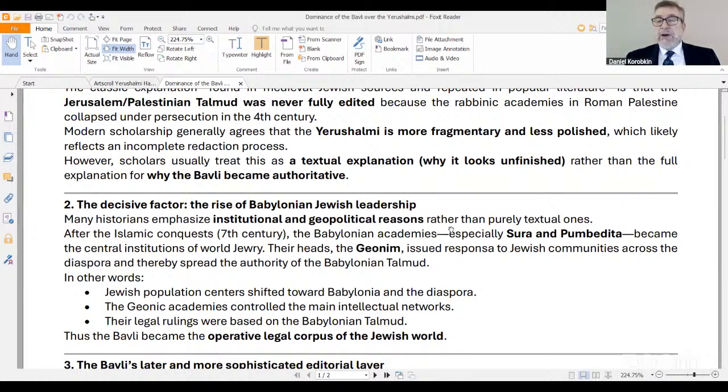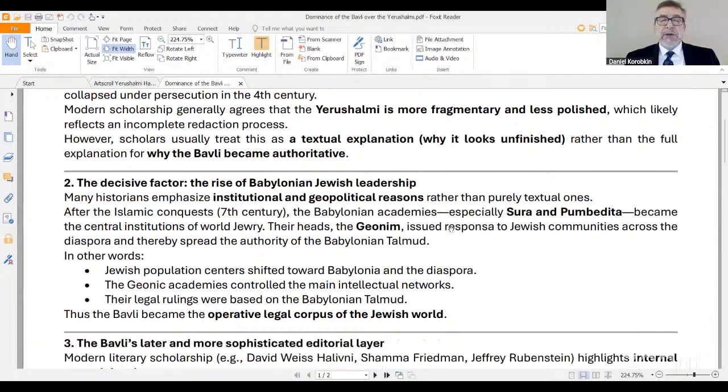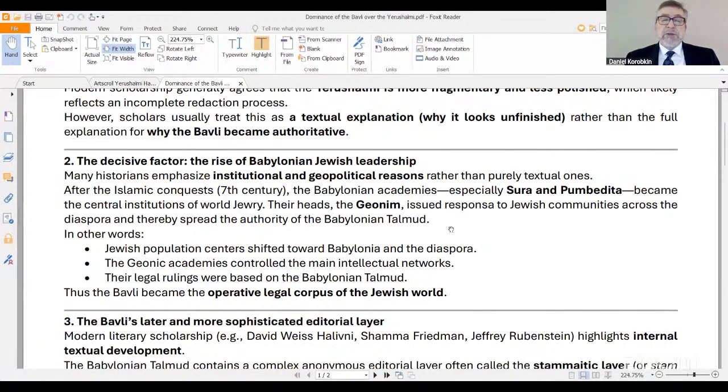Their heads, the Gaonim, issued responses to Jewish communities across the diaspora and thereby spread the authority of the Babylonian Talmud. In other words, Jewish population centers shifted towards Babylonia and the diaspora. The Gaonic academies controlled the main intellectual networks. Their legal rulings were based on the Babylonian Talmud. Thus, the Bavli became the operative legal corpus of the Jewish world.